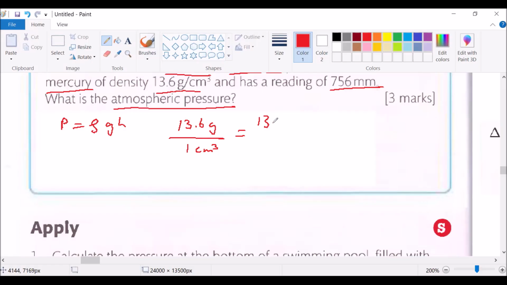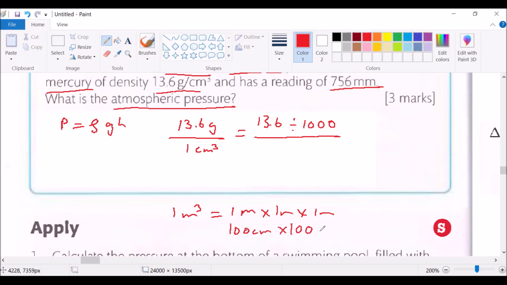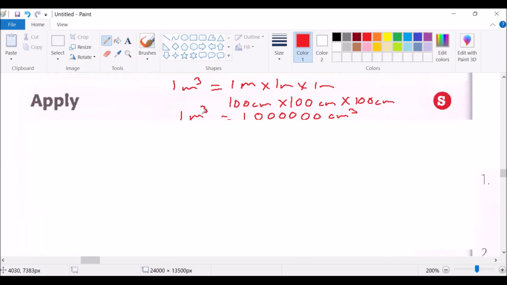So we have 13.6 divided by 1,000 over 1 cubic meter. 1 cubic meter is 1 meter by 1 meter by 1 meter, which is 100 centimeters times 100 centimeters times 100 centimeters, which is 1 million cubic centimeters. 1 cubic meter is equal to 1 million cubic centimeters. Now, what is 1 cubic centimeter equal to x?